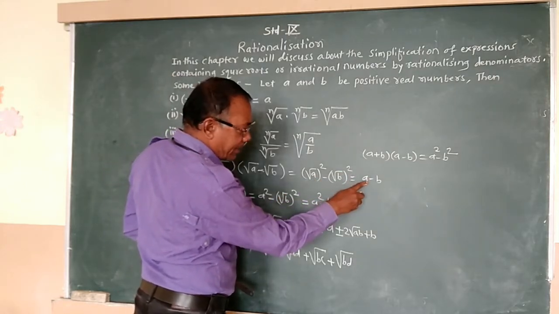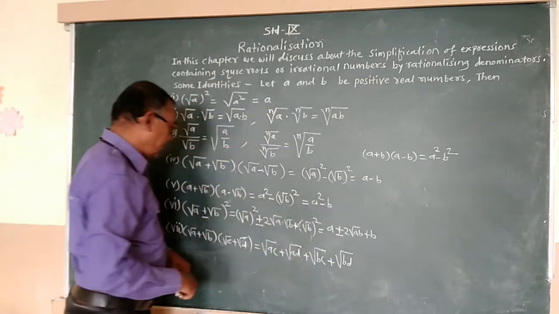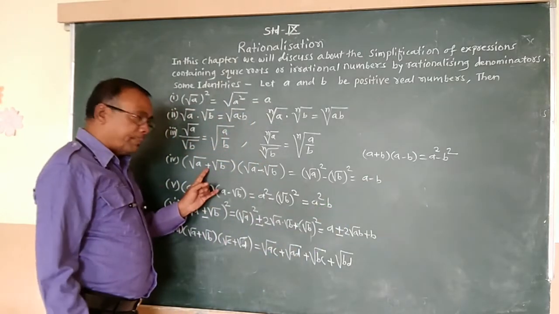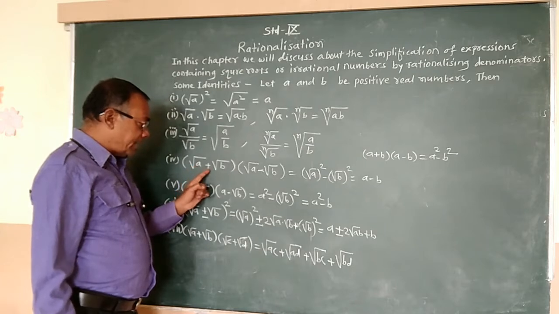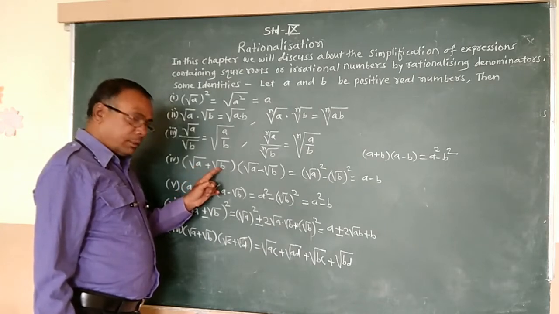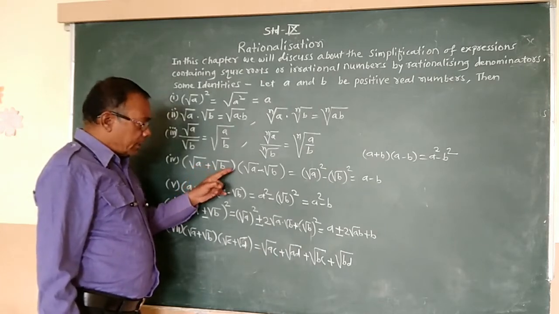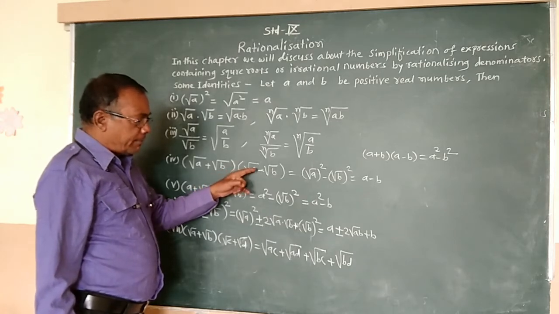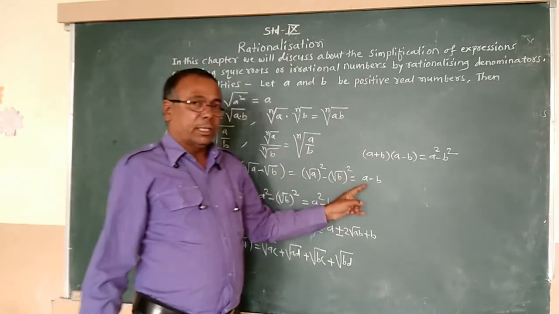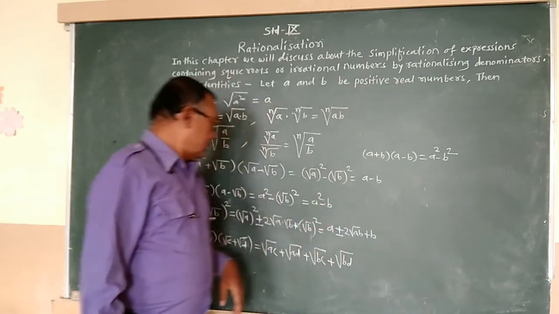So we can write a minus b. In this way, the value of this conjugate pair, root a plus root b into another bracket root a minus root b, is a minus b.